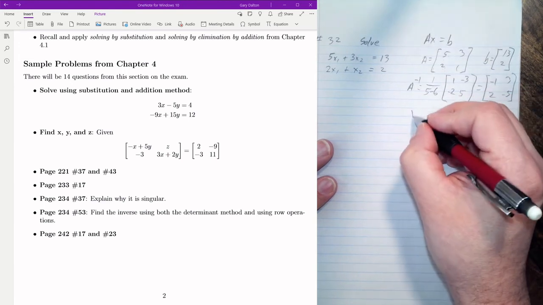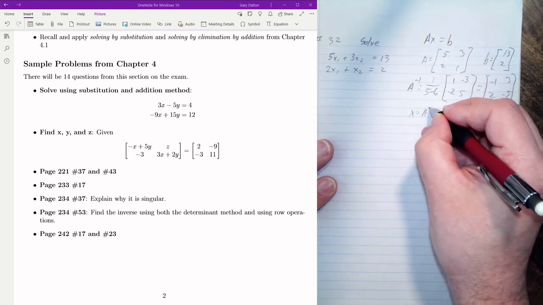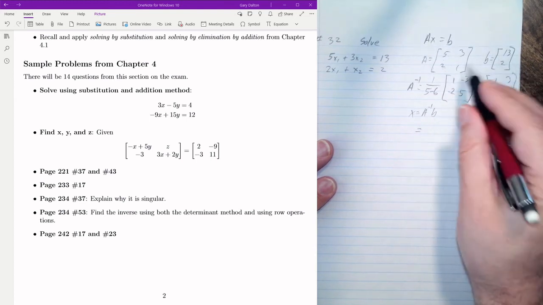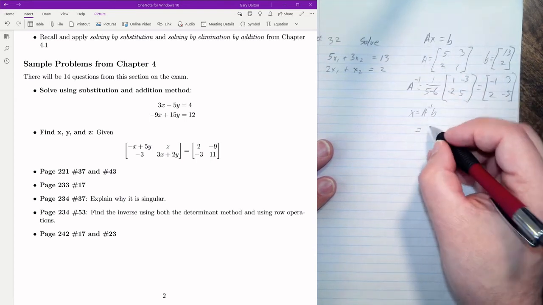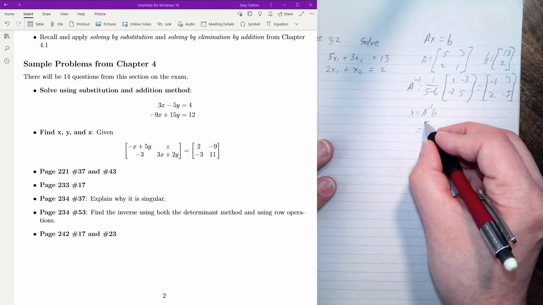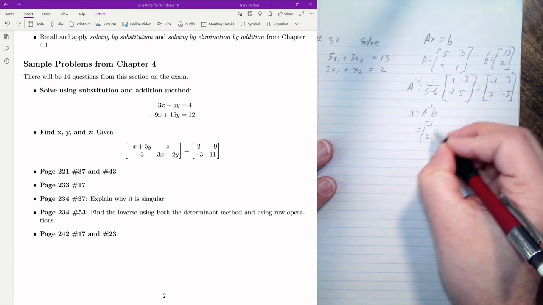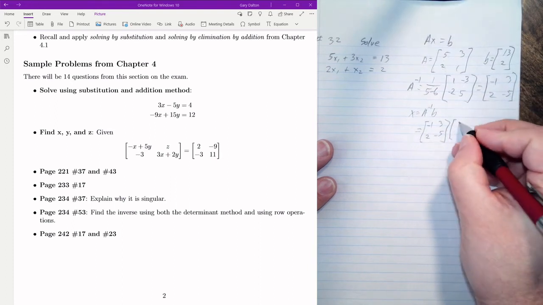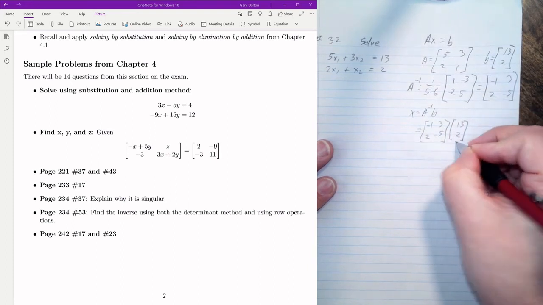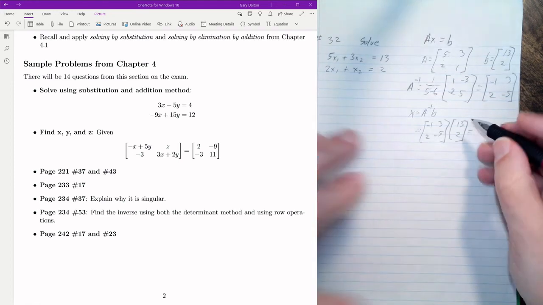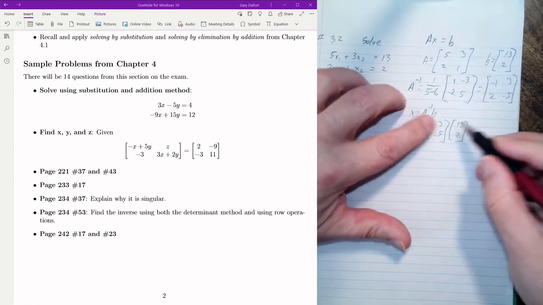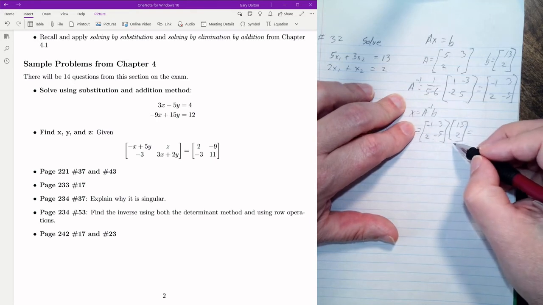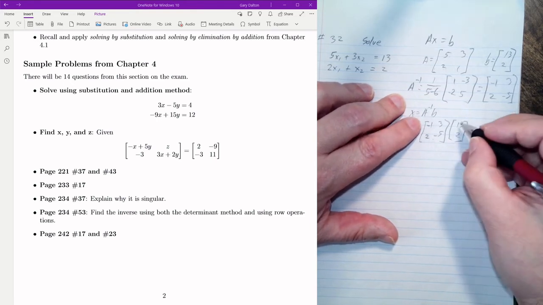Then we have x equals A inverse B, which equals, we have all of these values, so let's go ahead and do that. A inverse minus 1, 2, 3, minus 5. B, 13, 2. Row by column, 2 by 2, 2 by 1. Output is a 2 by 1.